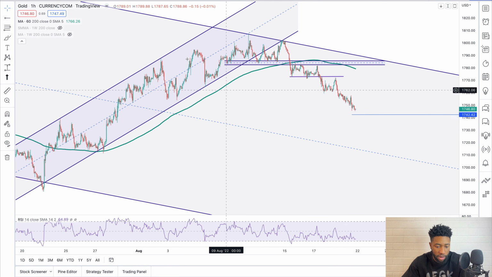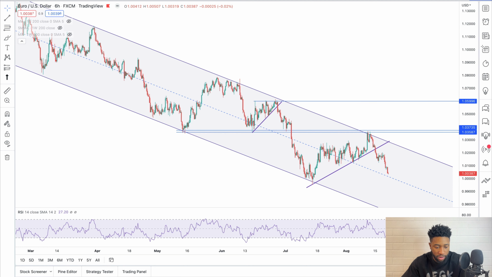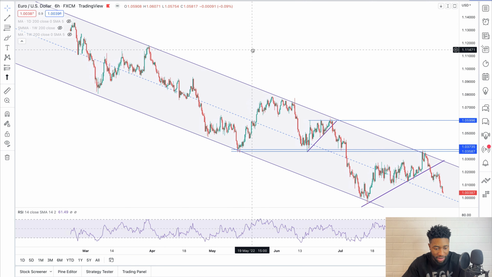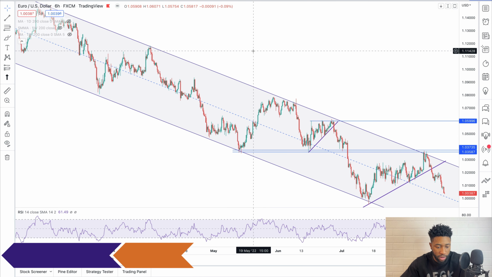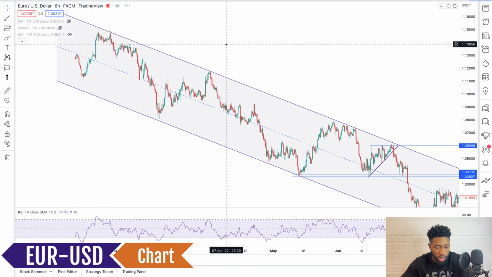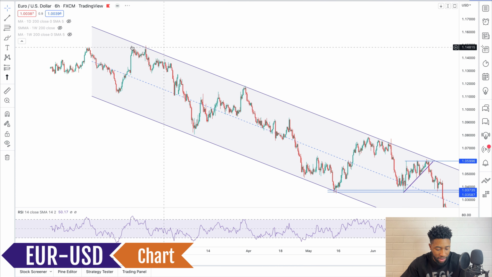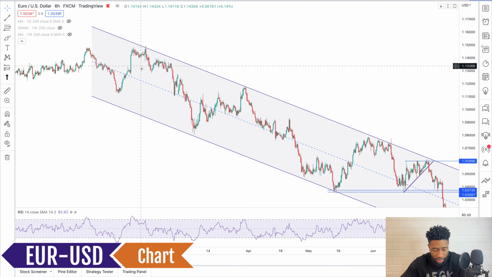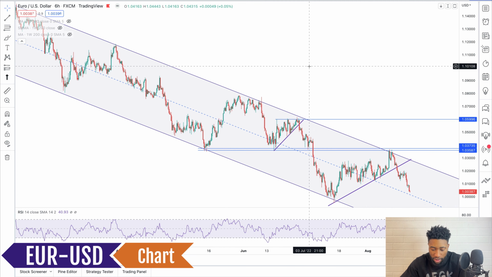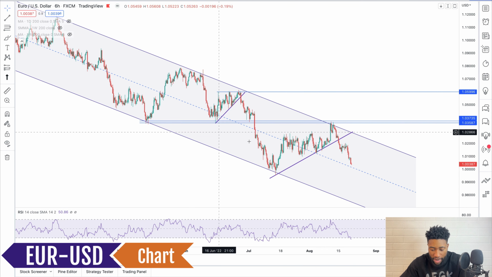Moving on, I'm going to take a look at EURUSD right now. Very interesting chart, very massive bearish trend. So this is the 6-hour time frame on EURUSD. We've been in this massive bearish trend since the beginning of this year. And something interesting we talked about last year was price moving back into this area of value.